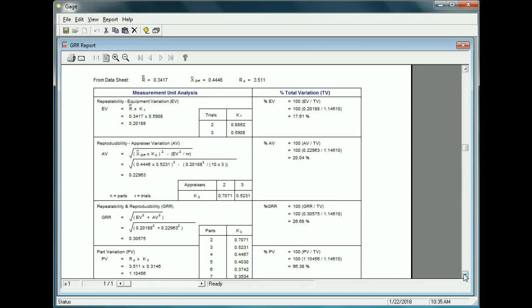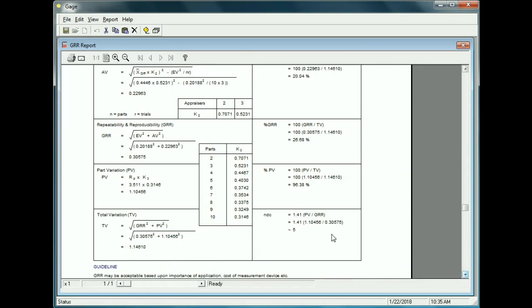And just to complete the story here, we'll calculate the percent variation due to the actual parts being manufactured. So that's this standard deviation divided by the total variation, which comes out to this percentage.